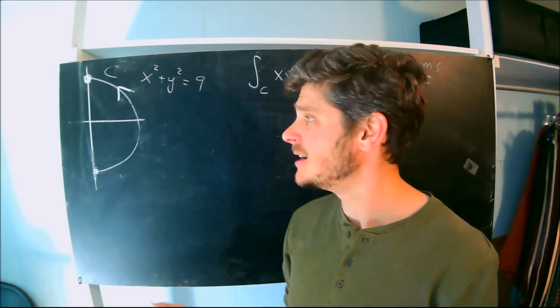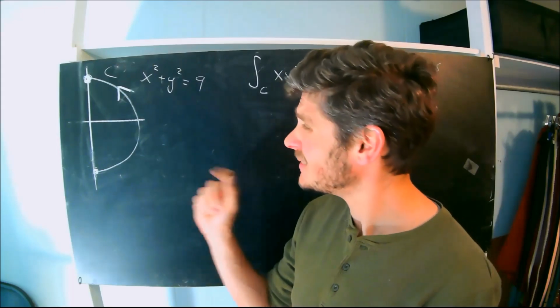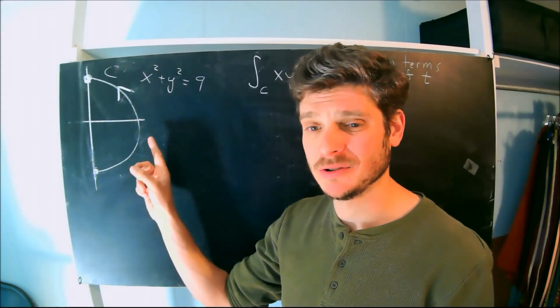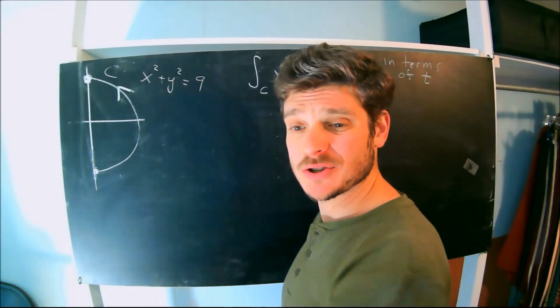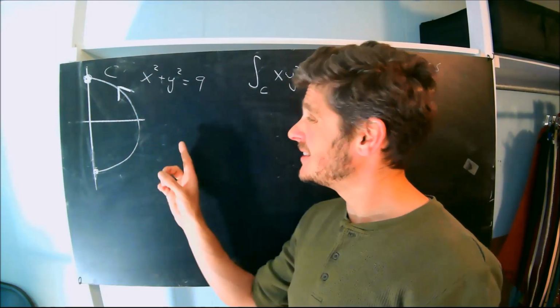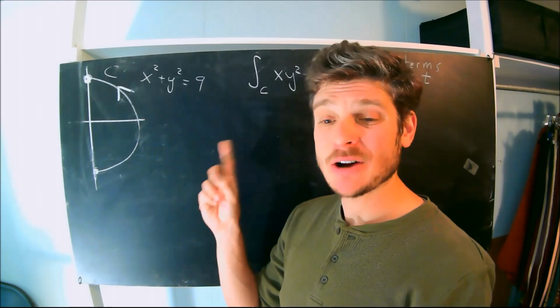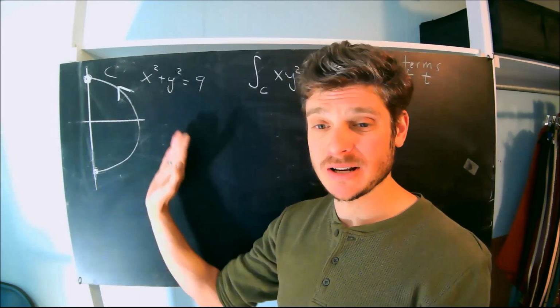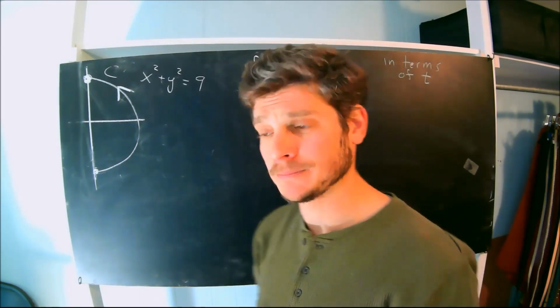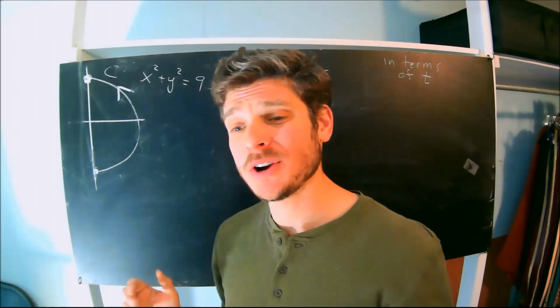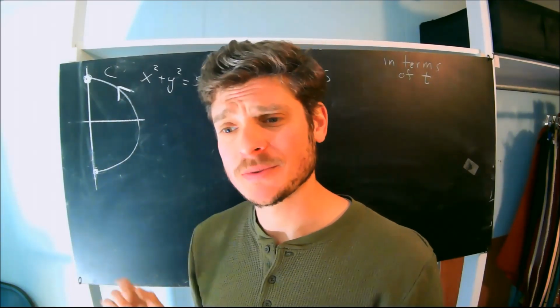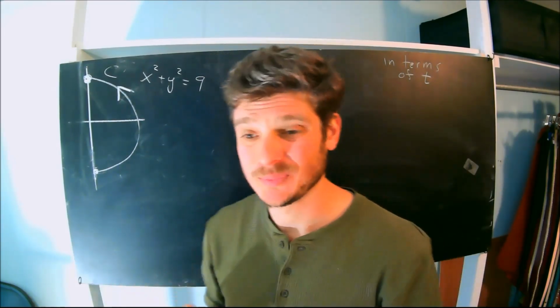So that's a circle of radius 3, centered on my origin. And we want just the right half of my circle, where the x values are positive. The orientation, the direction that my curve is traveling, is counterclockwise, which means my arrow is going in that direction. Now, how am I going to parameterize this in terms of just one variable t?